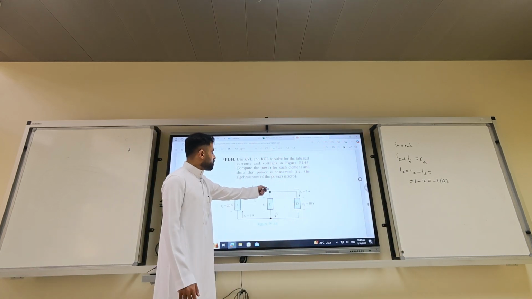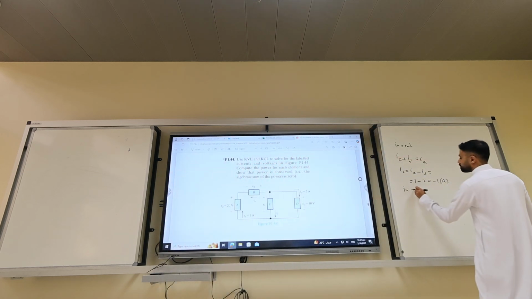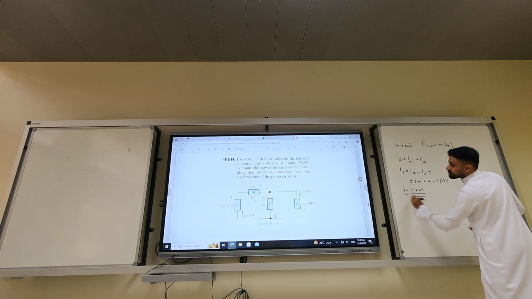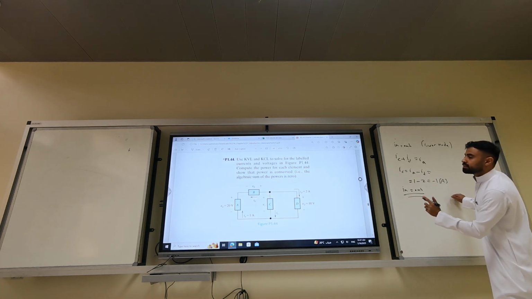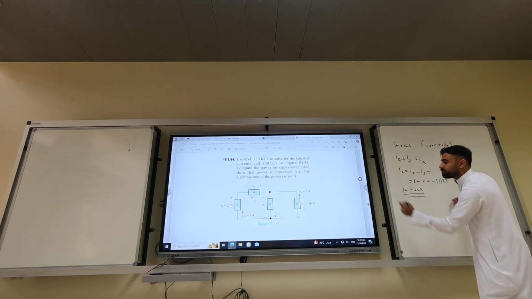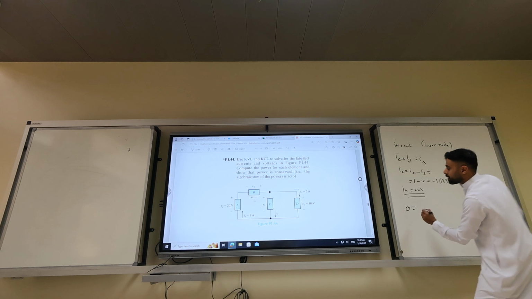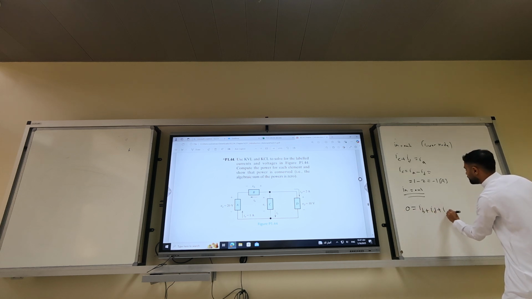Now at this node we can calculate IB. N equals out. This is the lower node. Is there current entering the top dot? No, zero. Equal out: IB plus ID plus IC.